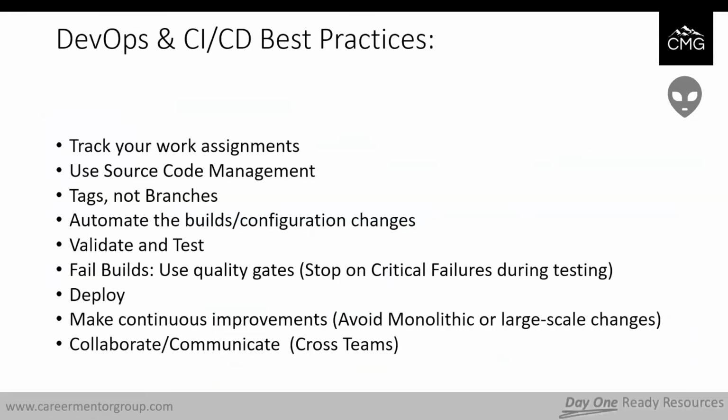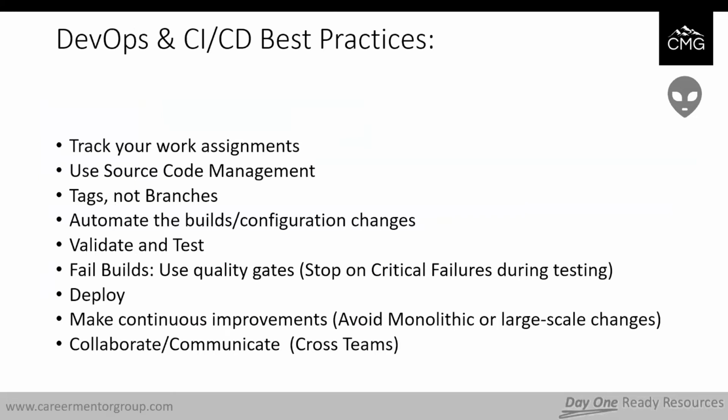So from a DevOps and a CI/CD perspective, there are obviously some best practices. Tracking your work assignments will show that as well. Using source code management, using tags, not necessarily branches all the time. We could argue the merits of that recommendation. Automating your builds and configuration changes so that things are no longer done manually.